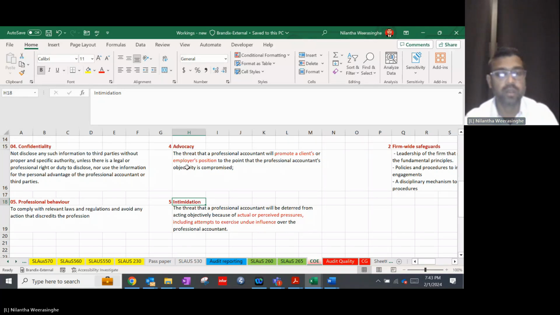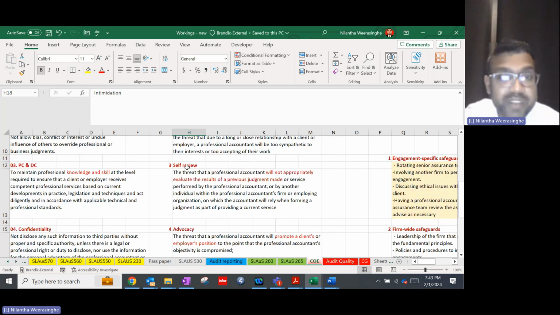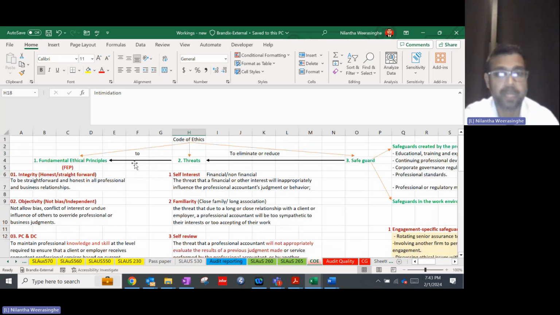Now the client is telling you, look here, auditor, if you report this, we will remove you as auditor from next year onwards. If you report this fraud, the auditor becomes afraid. He thinks, if I report this, my audit fee will go down next year, because this client will leave me. Intimidation threat will be created. Pressure. These are the 5 threats to this fundamental ethical principle.